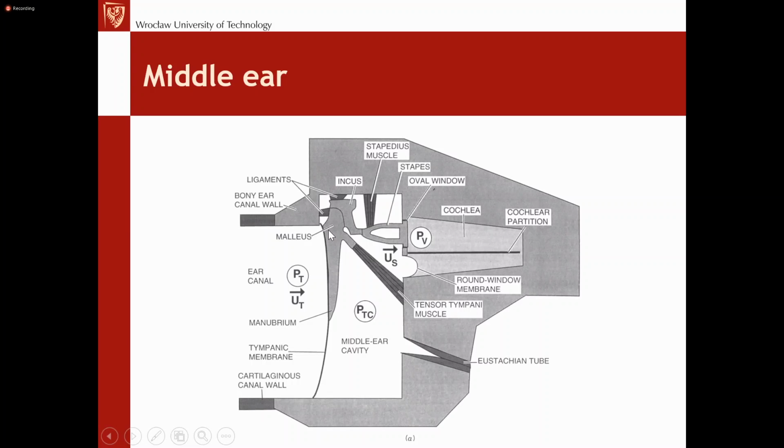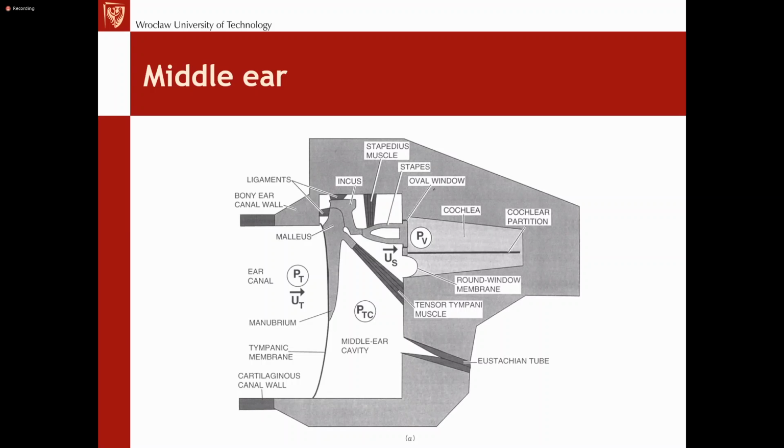This vibration is transmitted to the incus, and from the incus to the stapes, and the base of the stapes is lying on the oval window, which is the entrance of the inner ear, the entrance into the sensory part of the human organ of hearing.